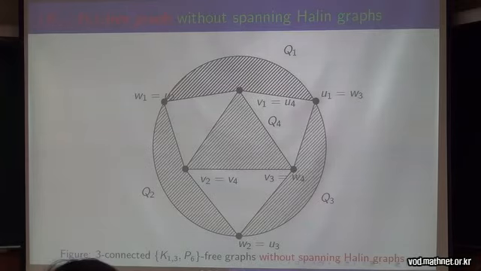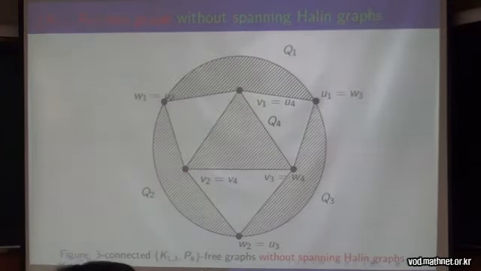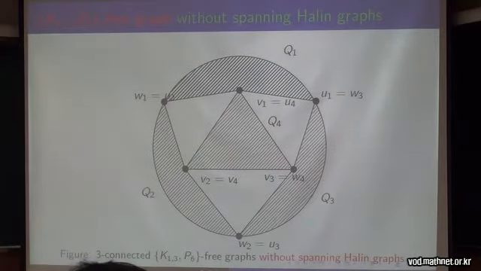And you can see there are 6 identified vertices there. And each clique has 3 identified vertices, right?